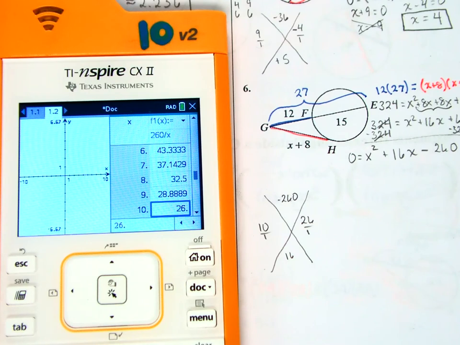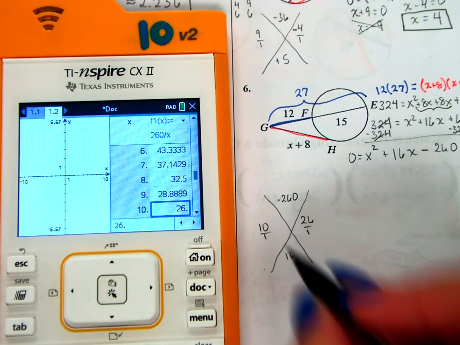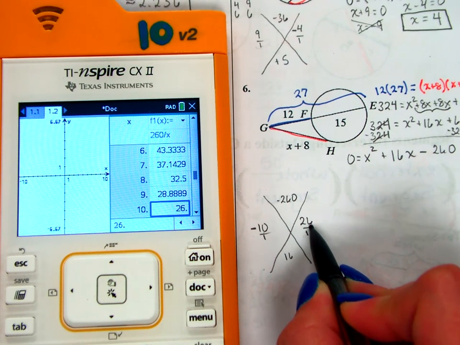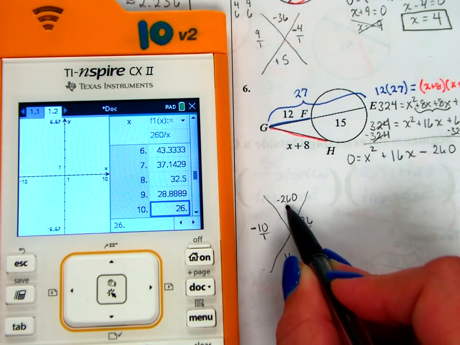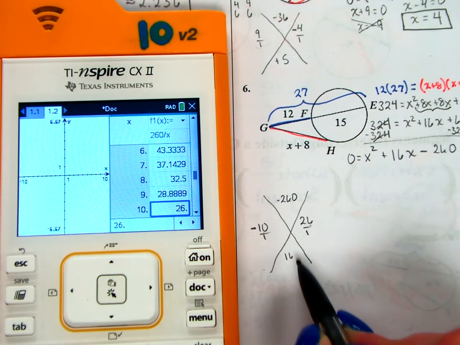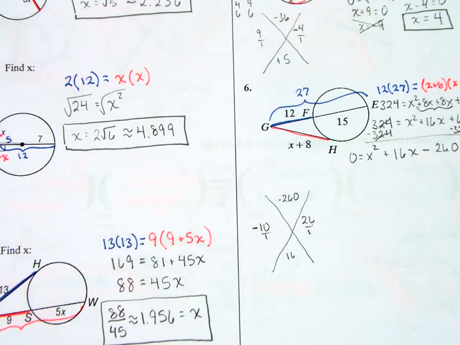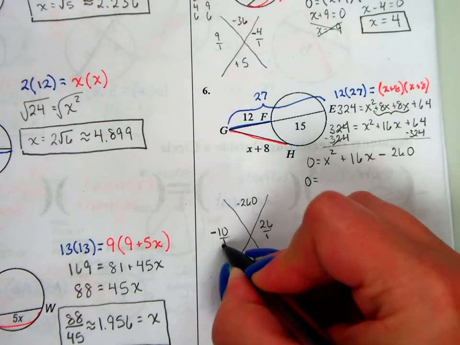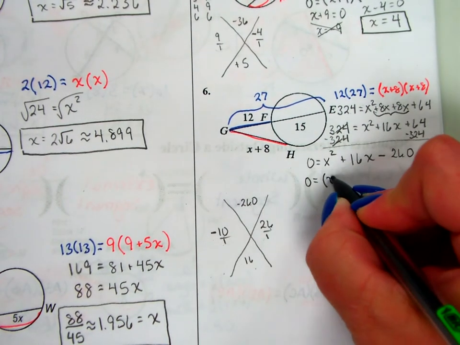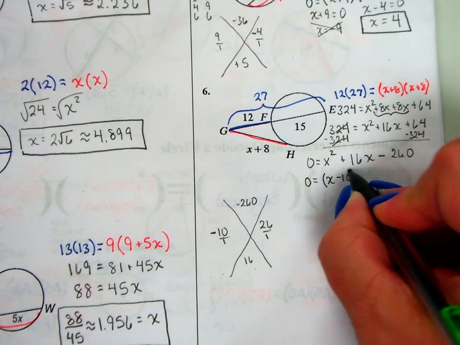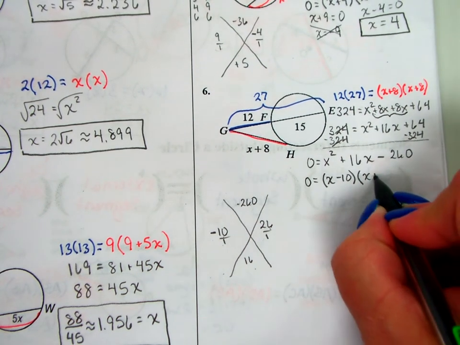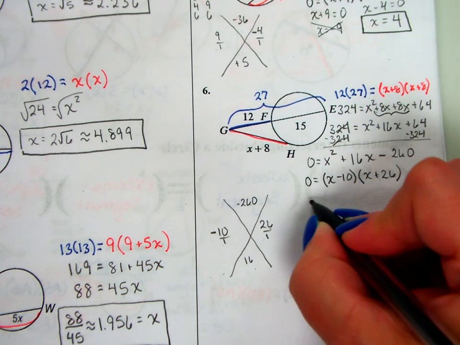If I wanted to add to a positive 16, which one has to be negative? 10. So that negative 10 times positive 26 gives me my negative 260. And my negative 10 plus 26 gives me my positive 16. All right, so 0 equals 1x minus 10, 1x plus 26.